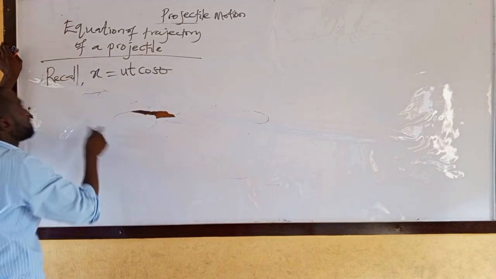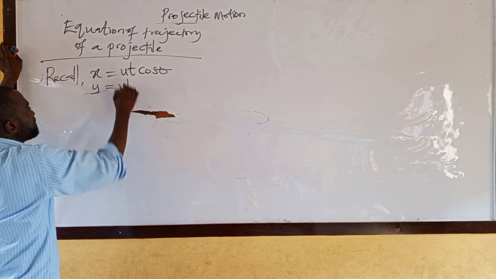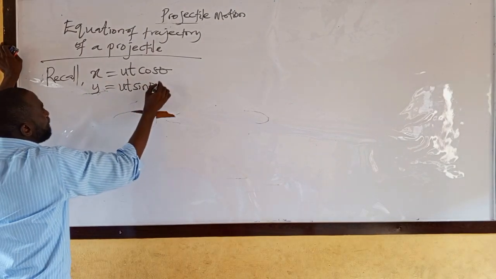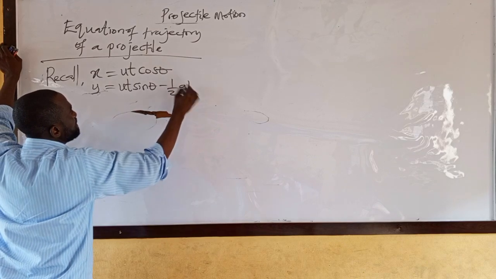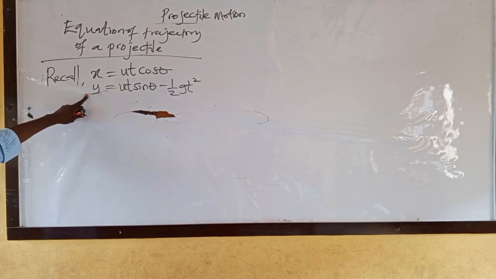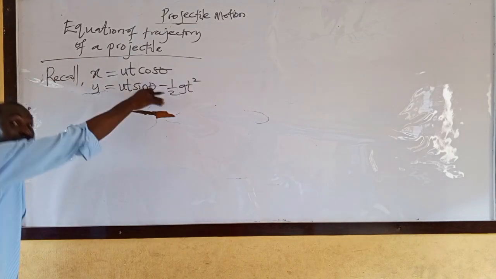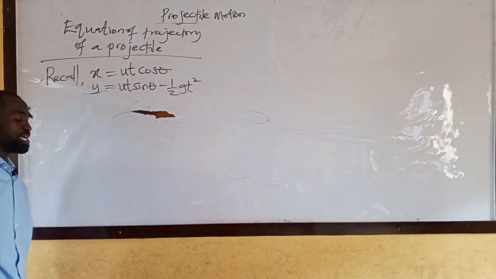Then that of y is equal to u t sin theta minus half g t squared. These are the displacements in the x and y directions respectively. So if I want to solve the equation of trajectory, I must use these two displacements. Are you with me?